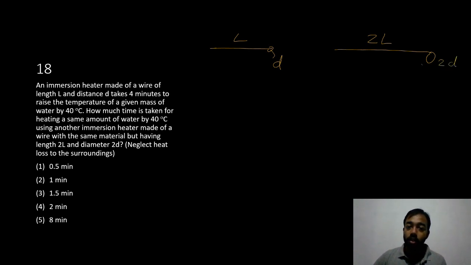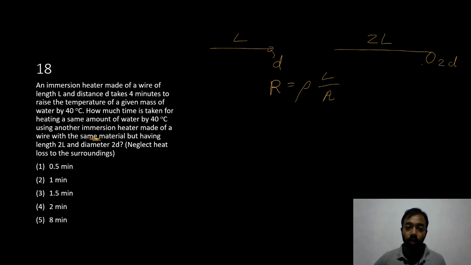So what varies when you change the length and the diameter? The resistance of this wire will change. You know resistance R is equal to resistivity rho times L over A, length over cross sectional area. Rho is the same as both wires are made of the same material, so the length and the cross sectional area are changed.